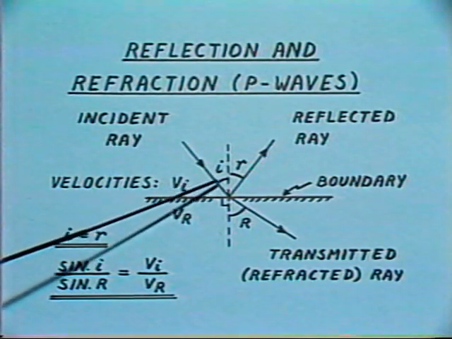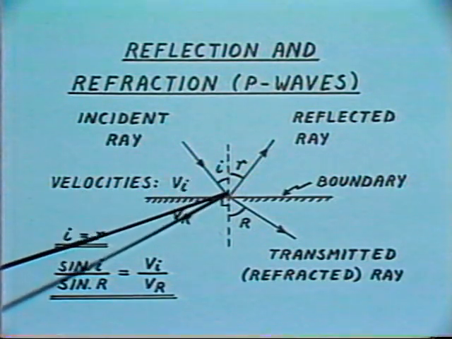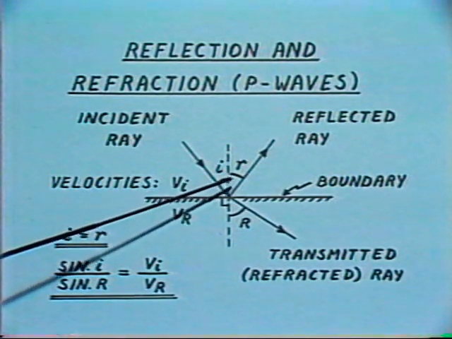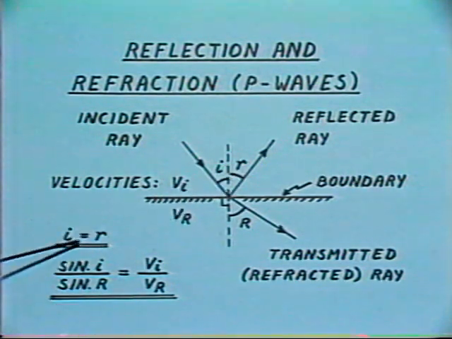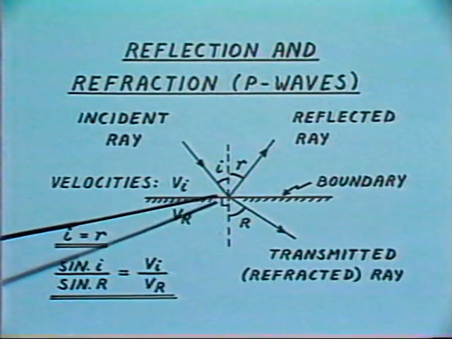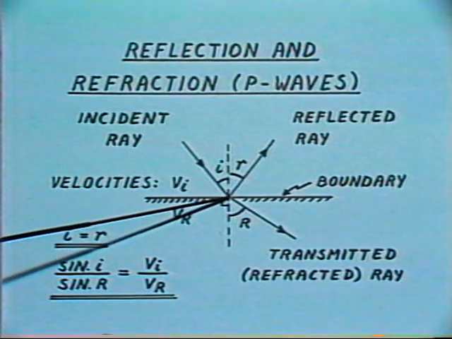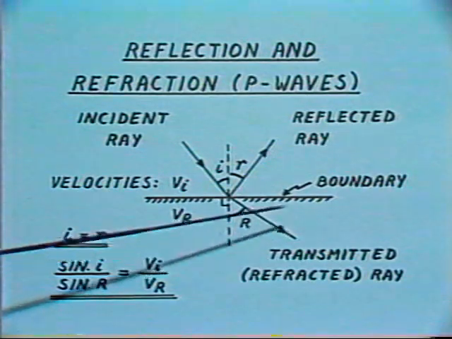Now, it turns out that the angle of incidence, that is this angle between the perpendicular and the incident ray, is always equal to the angle of reflection, shown here. For the transmitted ray, you'll notice that the ray is actually bent as it travels through the interface.